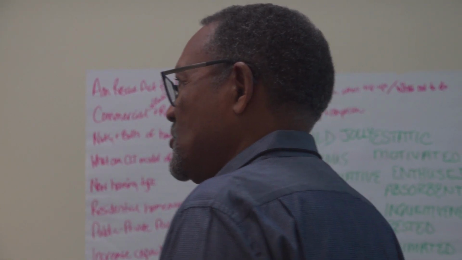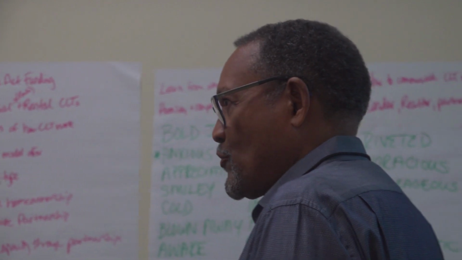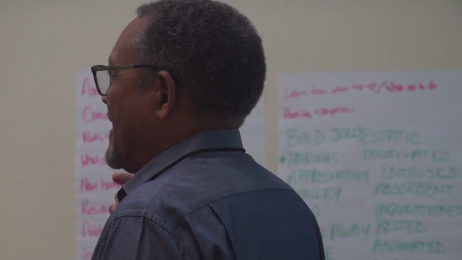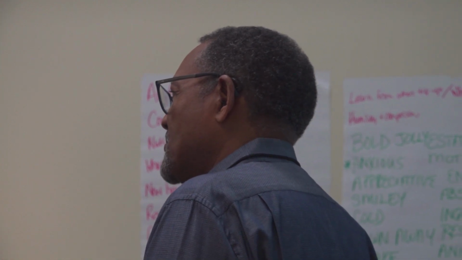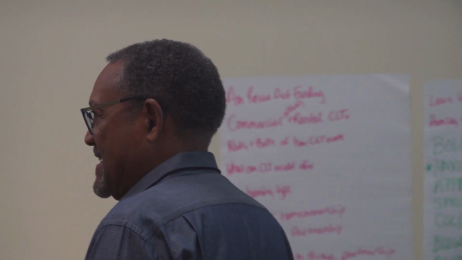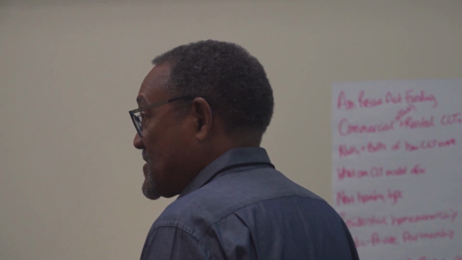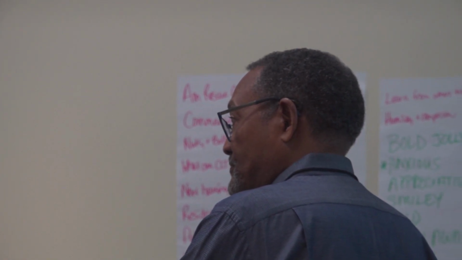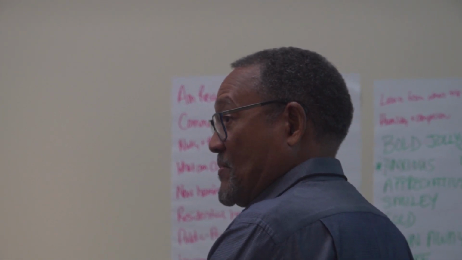I'm familiar with the land trust. I'm familiar with the client base of the land trust. I'm familiar with the programs of the land trust. I know all of these kinds of things that maybe other traditional realtors may not know, so it helps me focus in on buyers that are eligible to purchase homes from the land trust.